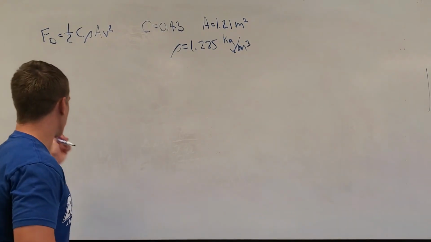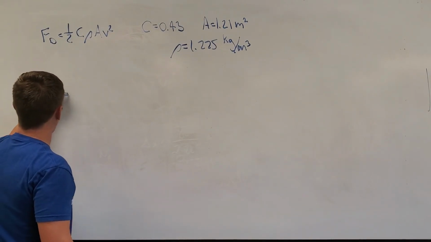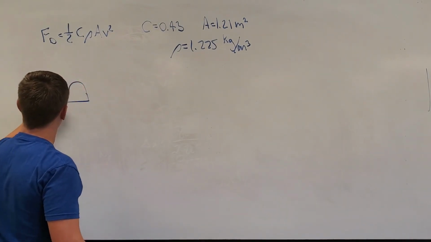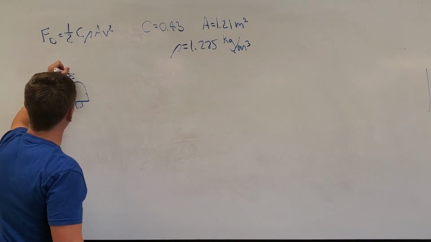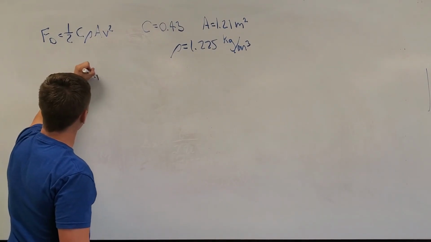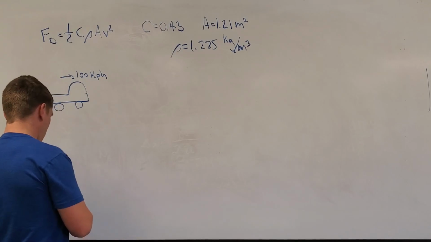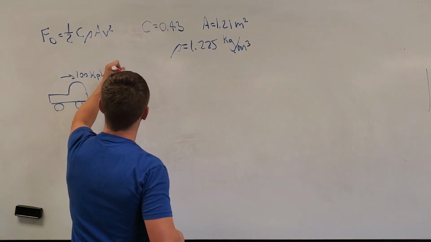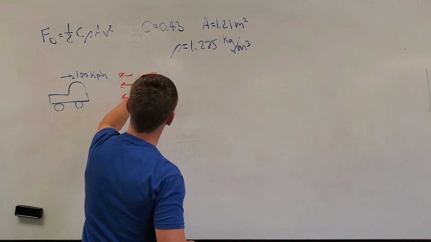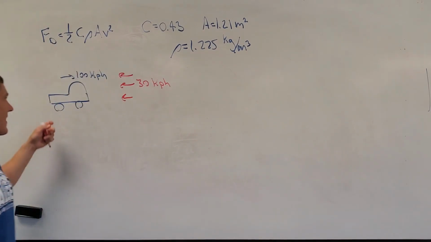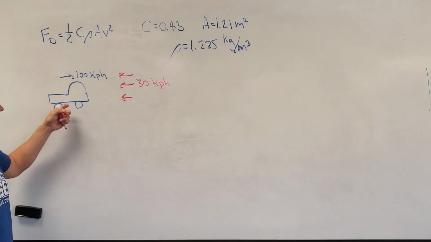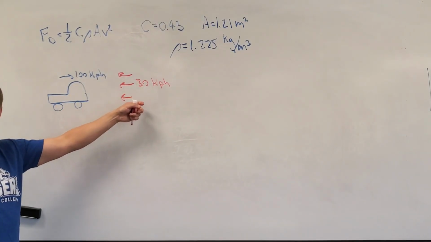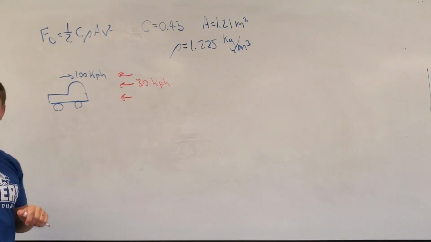If the truck is moving at 100 kilometers per hour, but it's moving into a 30 kilometer per hour headwind, then the relative velocity of the truck with respect to the fluid is 130 kilometers per hour.